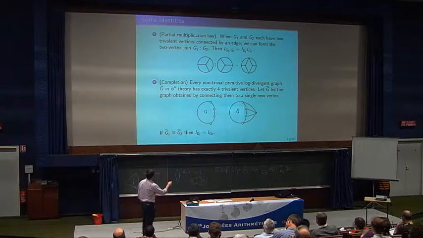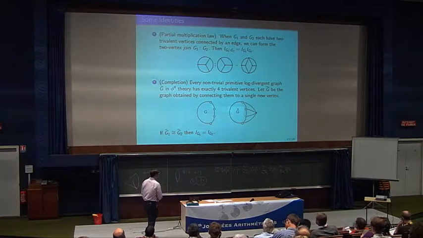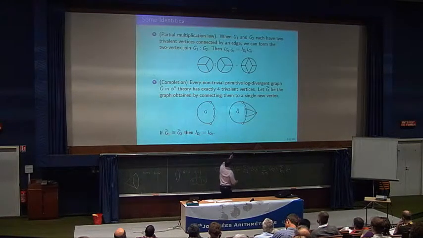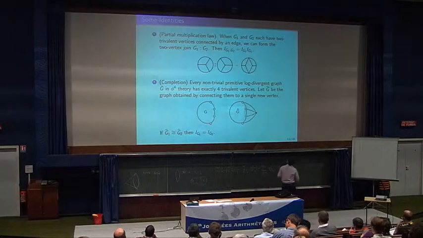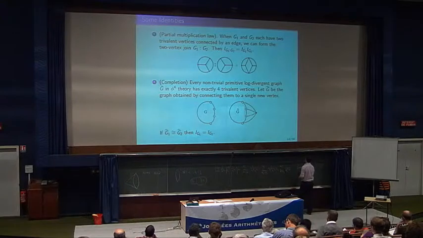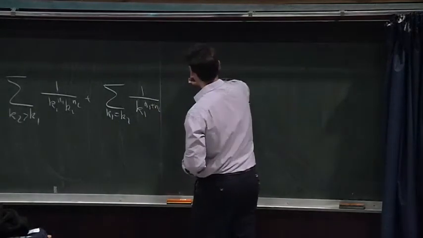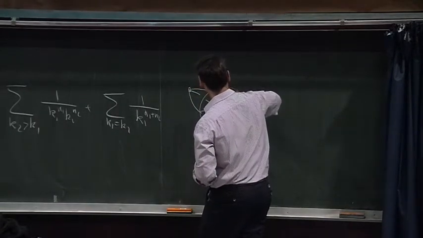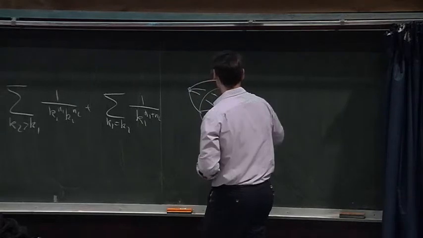So with these 2 things, you can see that from this argument, we knew this graph was 6 times zeta of 3, so this is 36 zeta of 3 squared. So if I complete it, that means I add a vertex here and connect it to the trivalent vertices.